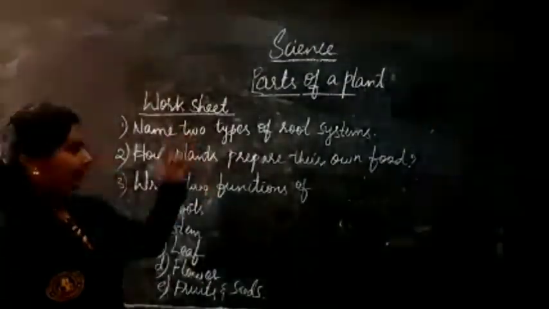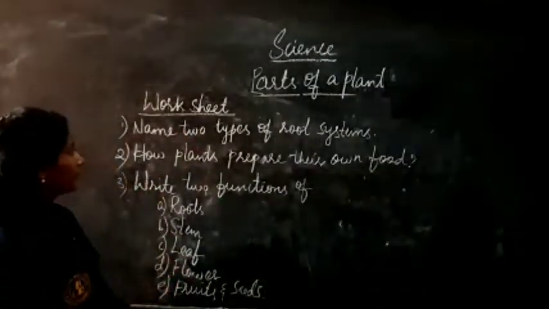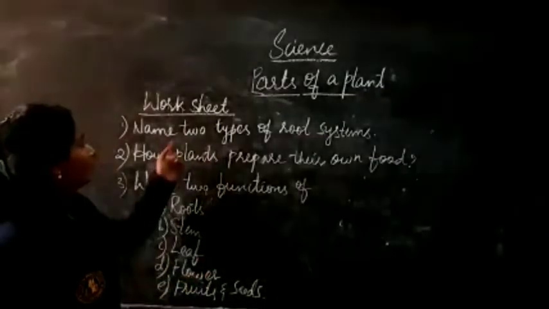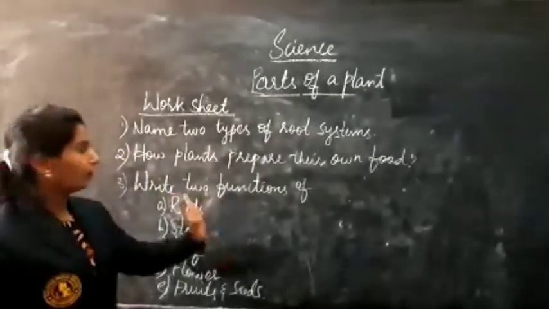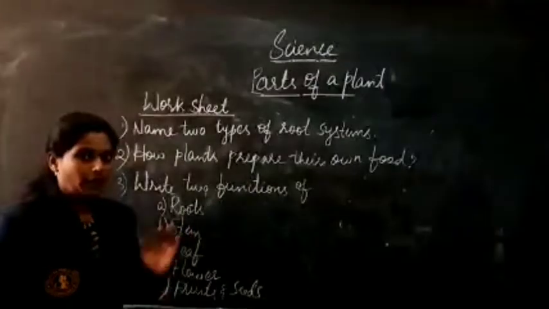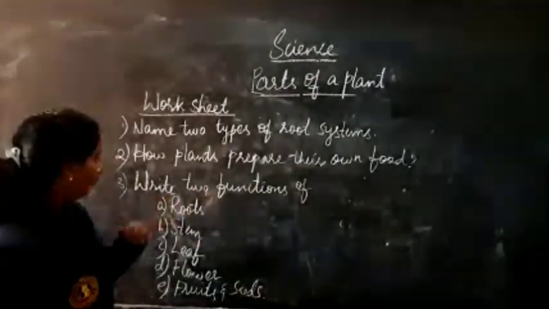Coming to the worksheet. Based on the topic which I taught you, I gave you the worksheet. The first one is: name two types of root systems, like I told you at the beginning of the class. Now, how plants prepare their own food. I told you in the leaf concept how the plants prepare their own food.